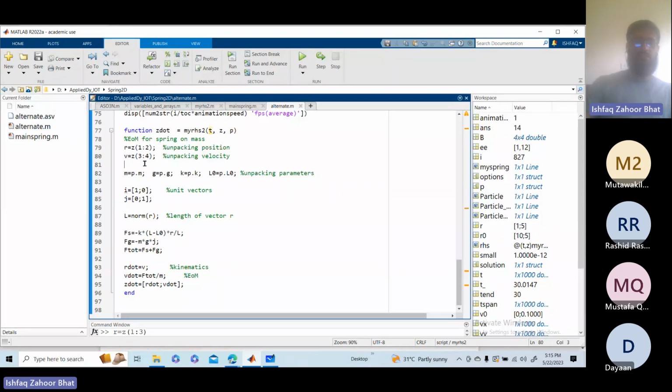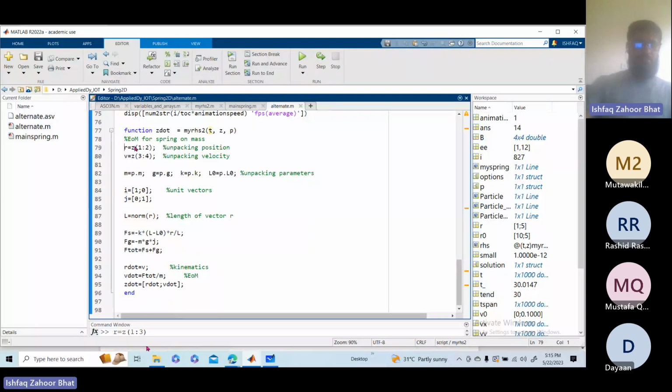The third and fourth represent the X and Y components of the velocity. This is known as unpacking of position and velocity, because these were packed in Z. Then I am using this unpacking scheme to unpack those, because I need these things.